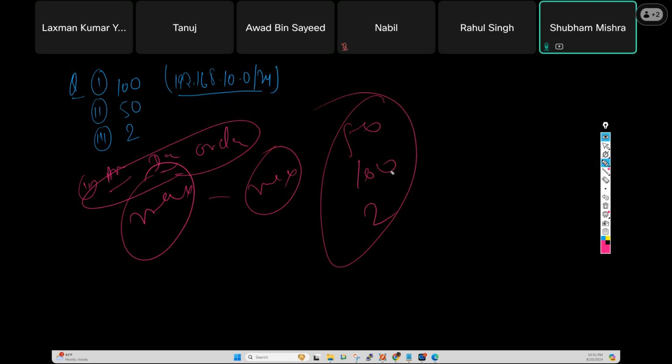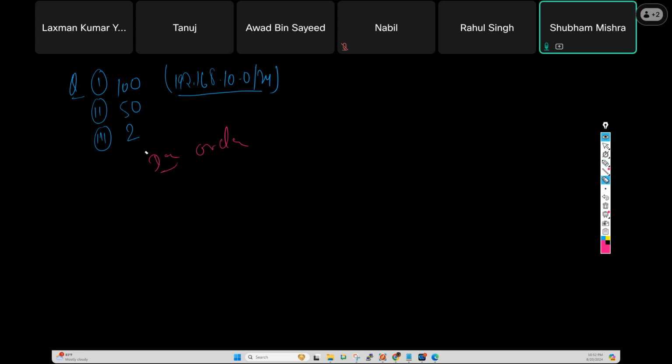You know ascending or descending order, from the 2-3 classes I hope you have read. Descending means first you write the biggest one, then 50, and then 2. So this is the basic mantra: first arrange all the user requirements in decreasing order. I have already written it. Clear everyone? Please think here very carefully.